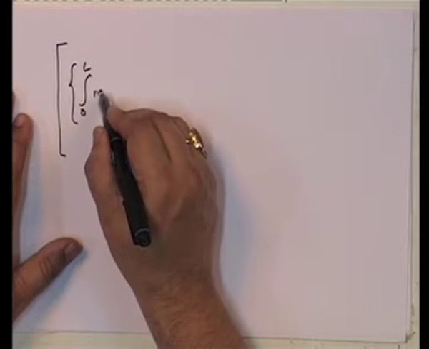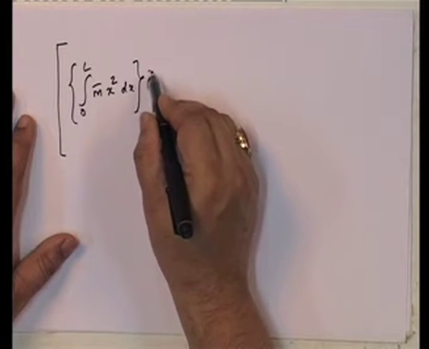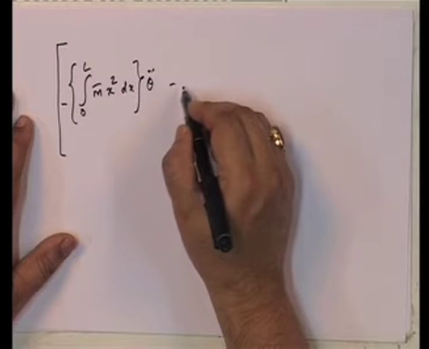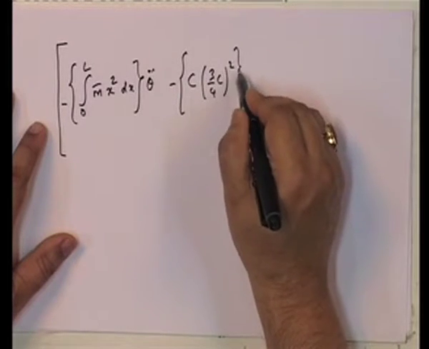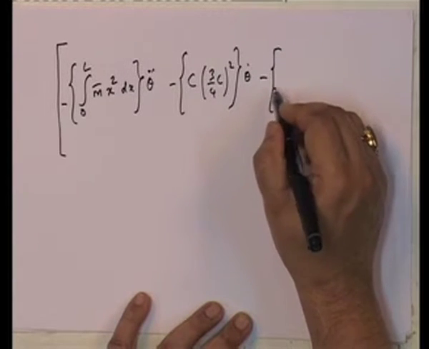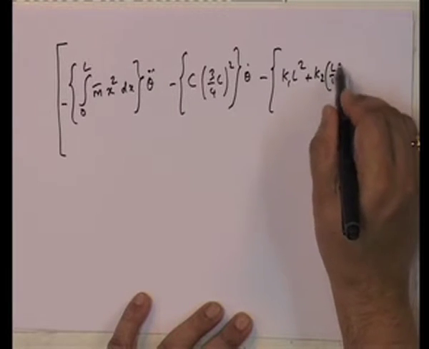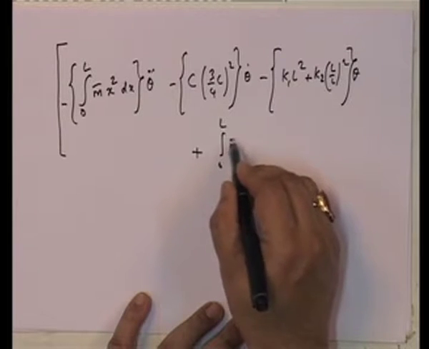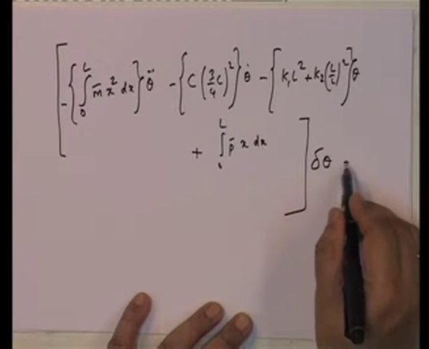Integral 0 to L m bar x squared dx theta double dot, this is minus, then I have minus c into 3 by 4 L squared, the whole squared, into theta dot, minus, and I am going to put inside this K 1 L squared plus K 2 L by 2 the whole squared theta plus integral 0 to L P bar into x dx and the entire thing into del theta is equal to 0.